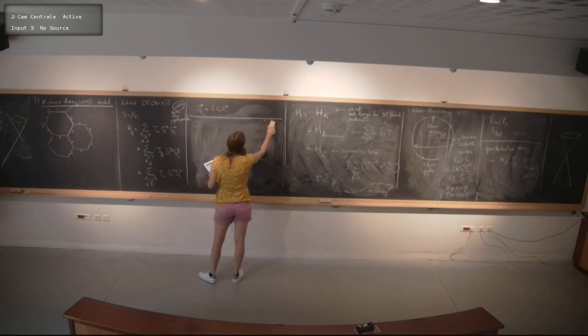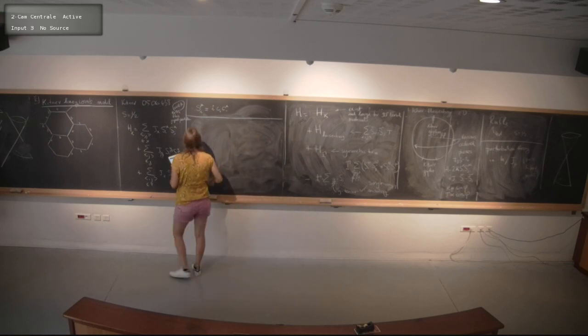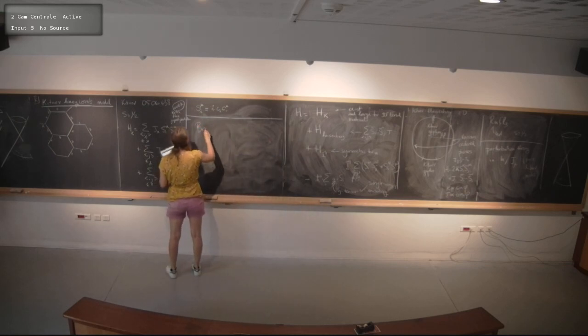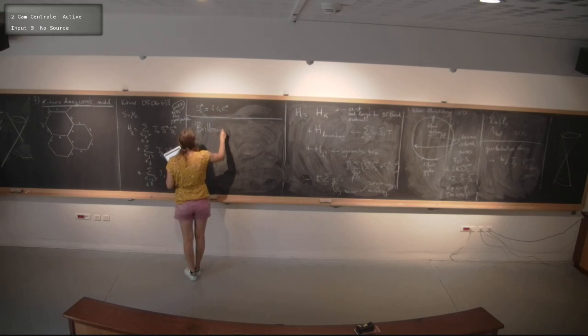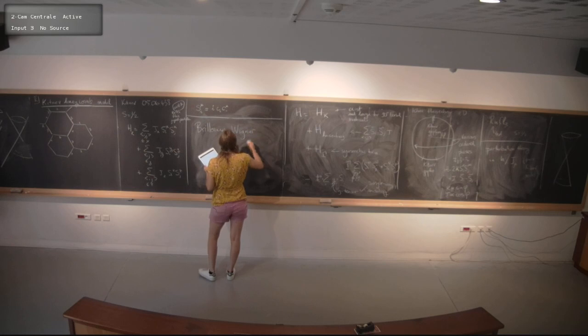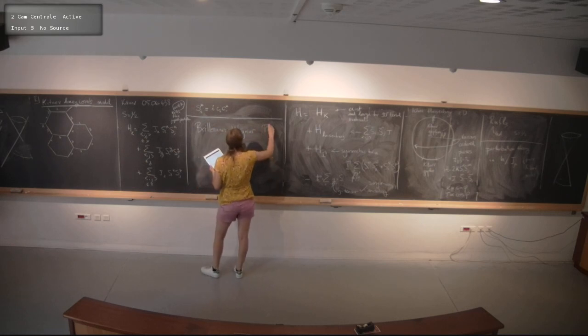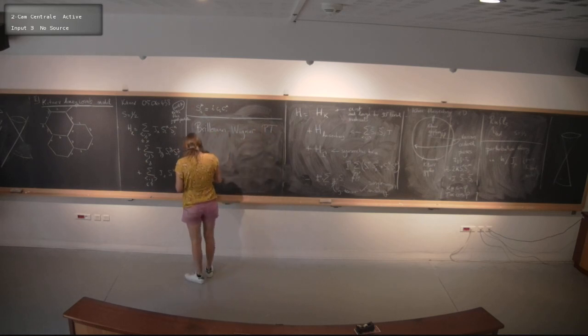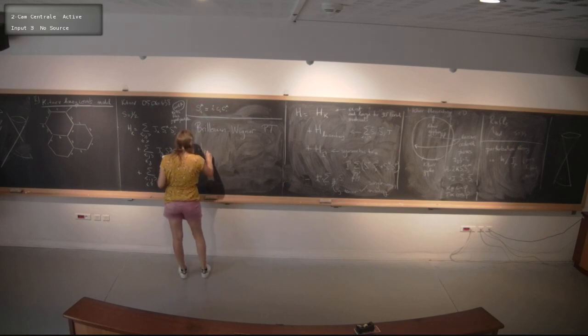One way to do perturbation theory, which is in my view the simplest way, is Brillouin-Wigner perturbation theory. The way this goes is that you get an H effective.